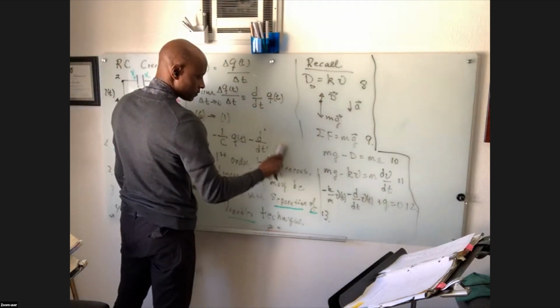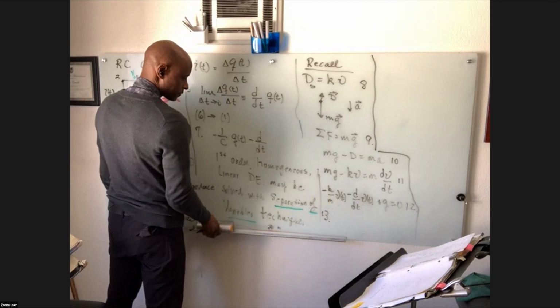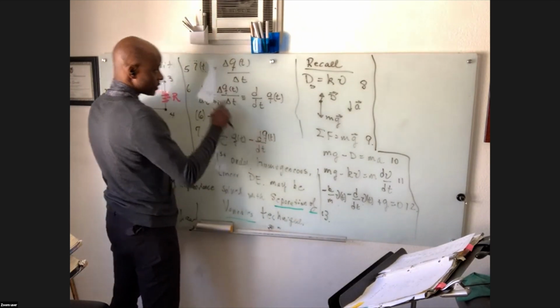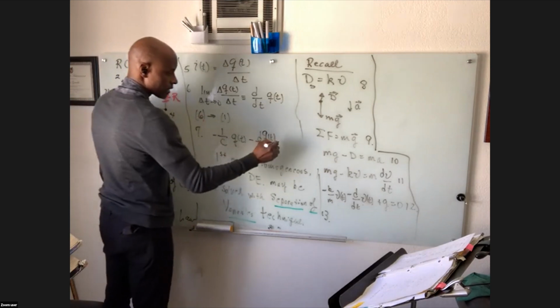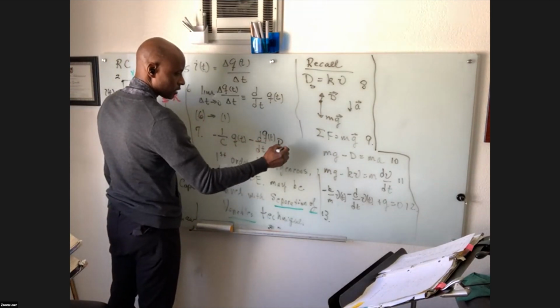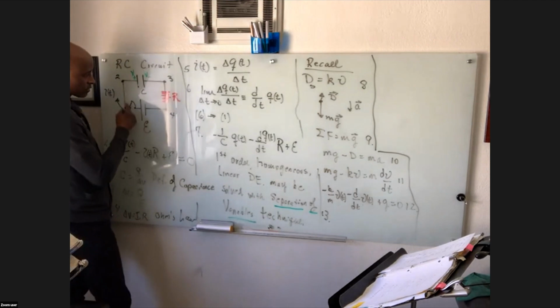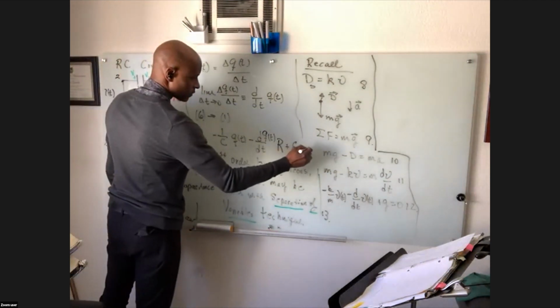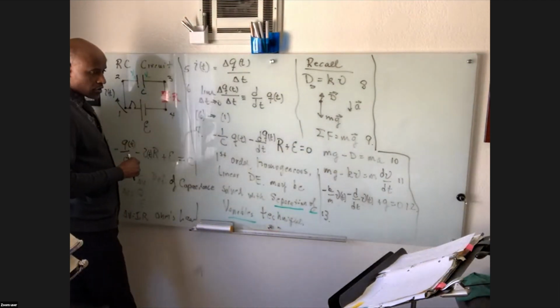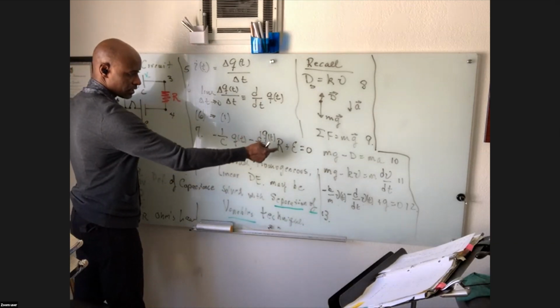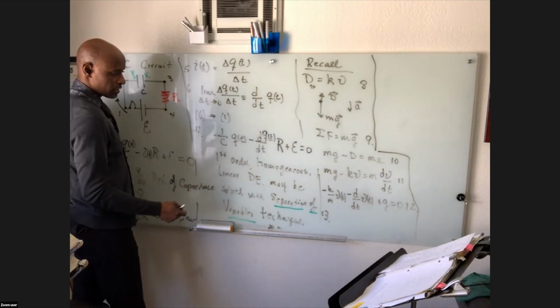So this term, dq dt, which is I, times R, plus the battery voltage as we come back around equals 0. Starting there, I'm going to take that term, dq dt, times R on the other side.